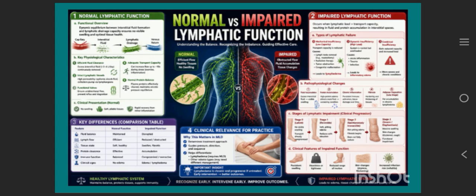So these are the reasons that MLD matters. An important point is that lymphedema is chronic and progressive if untreated. With early intervention you have better outcomes. What are the key points? First, not all edema is a lymphatic problem.